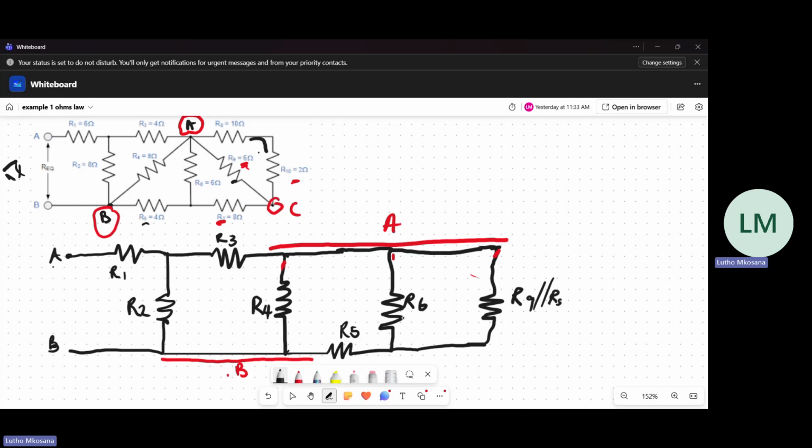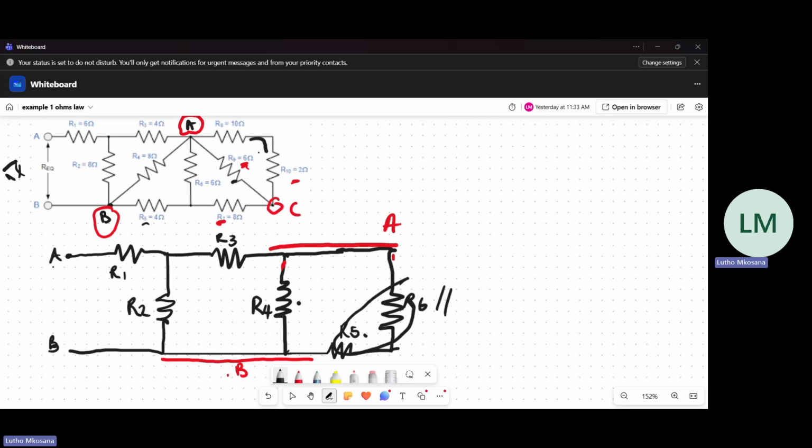And then this would be in parallel with this, and we continue that and so on until we have this circuit. Currently, the naming isn't that much important, but if you follow how a circuit is being reduced, because now as it is, we have the series combination of these two, and the series combination is in parallel with R4.